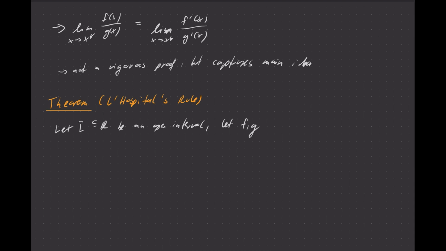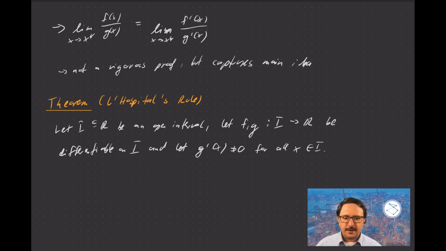And let f and g be functions defined on that open interval with values in R that are differentiable on I. Also, we want g prime of x to not be 0 for all x in I. Then, if for a certain point x star in I, we have that the limit of both f and g for x tending to x star is either 0 or infinity or minus infinity, but both equal.